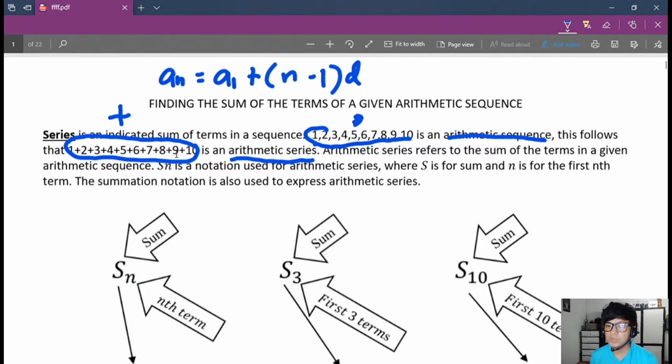The symbol used in finding the sum or in addition is the plus sign. So arithmetic series refers to the sum of the terms in a given arithmetic sequence.